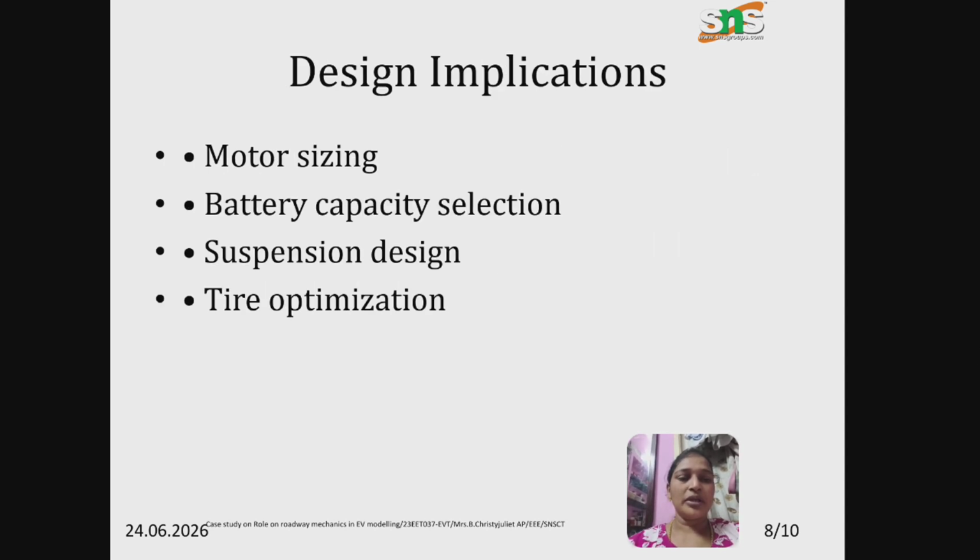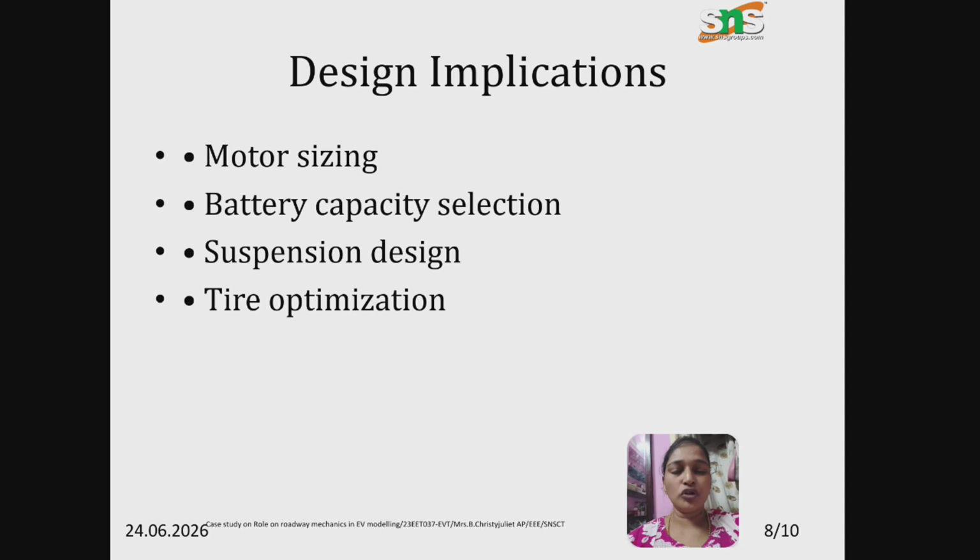So now, what we need to consider while designing an EV is to take care in selecting the proper motor sizing, battery capacity, and the suspension design, depending on what type of vehicle we are designing and for what application.